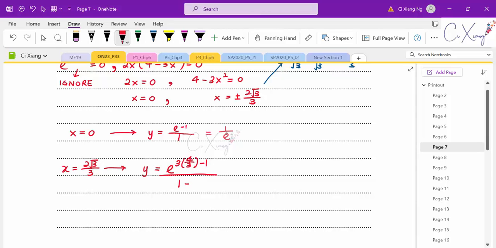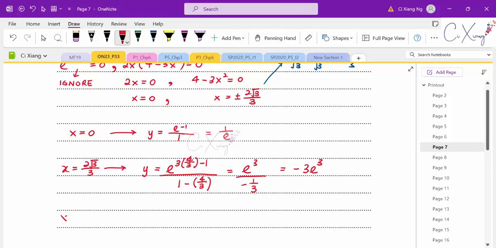The x squared you should get is 4 over 3, so all these are the values after I square it. From here, you get e power 3 on top, divided by negative 1 over 3 at the bottom. If you simplify, it becomes negative 3e power 3.